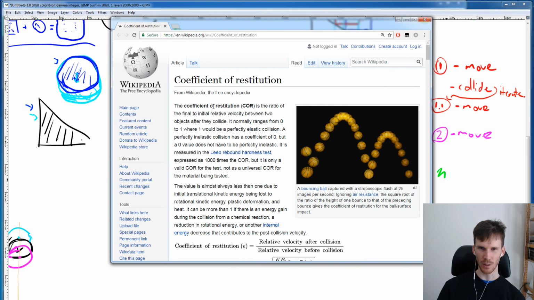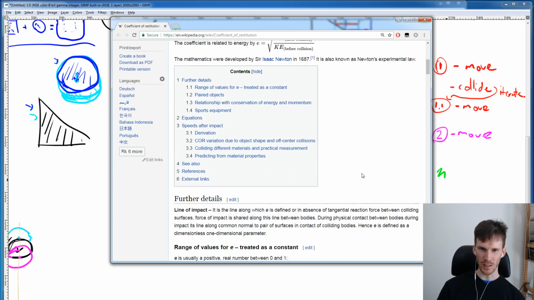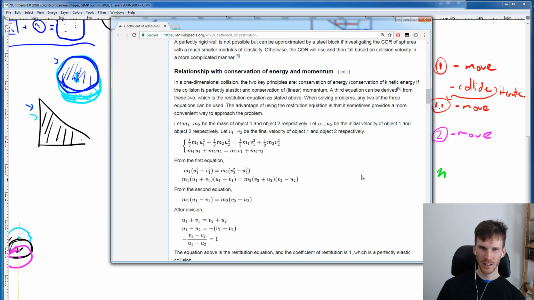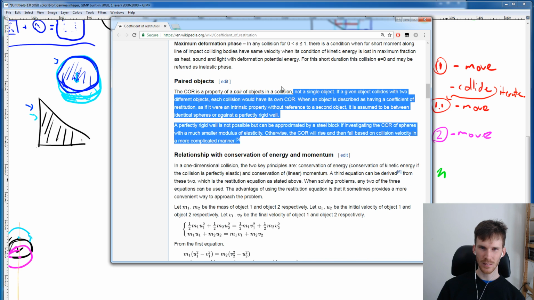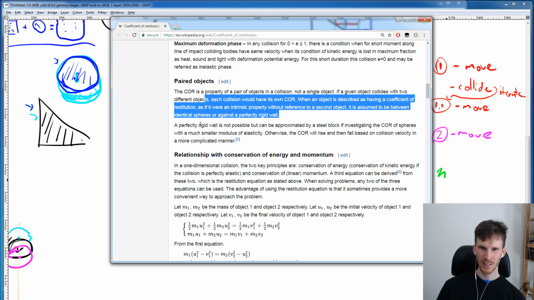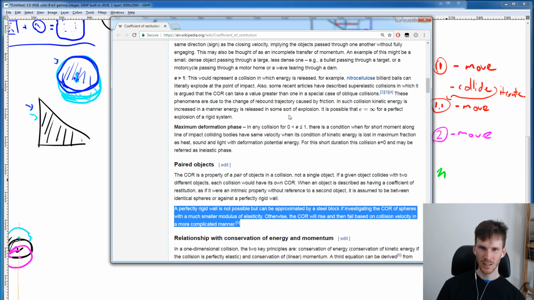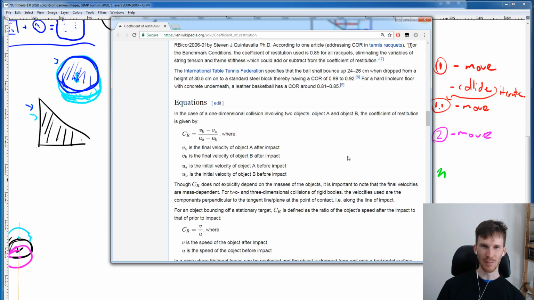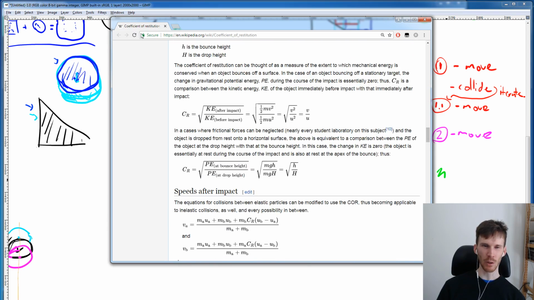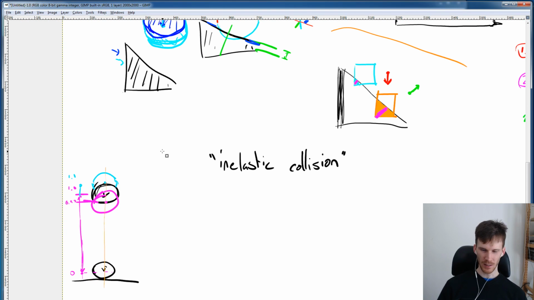Here's the Wikipedia page on coefficient of restitution. Yeah, the coefficient will rise and then fall based on collision velocity in a more complicated manner. Thanks, Wikipedia. So literally the coefficient of restitution means exactly what I drew here.